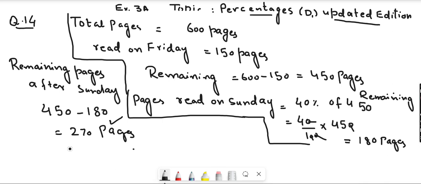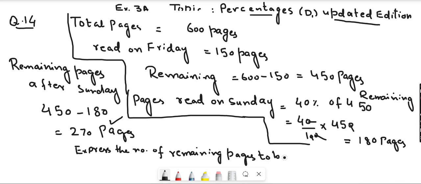The required data to find: express the number of remaining pages, the pages that are to be read, the left pages to be read, as a percentage of total pages.